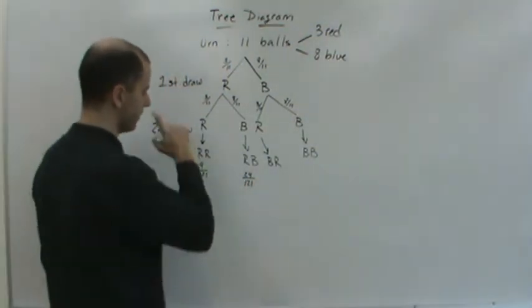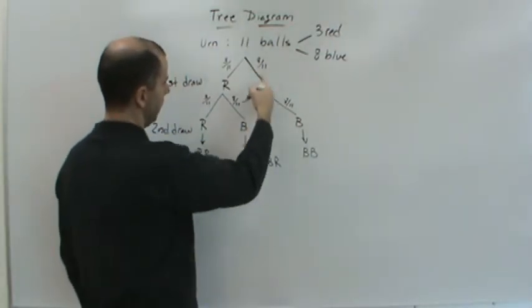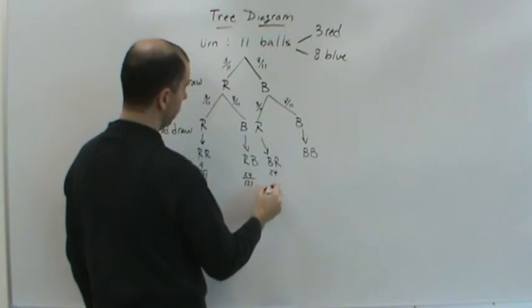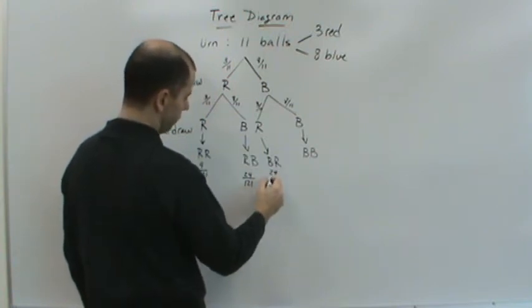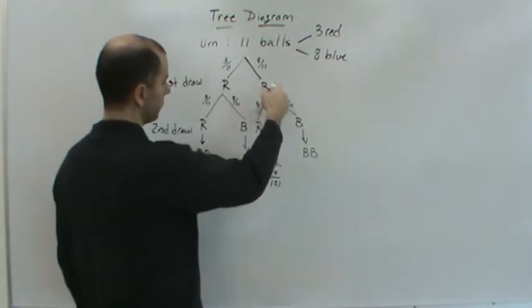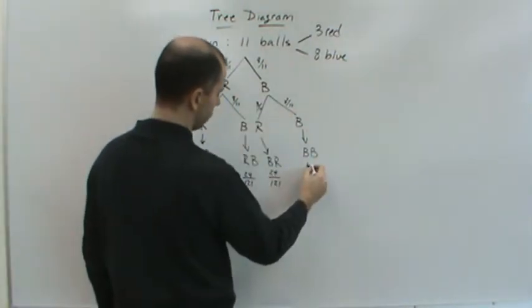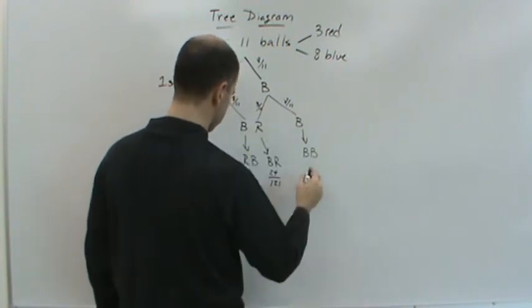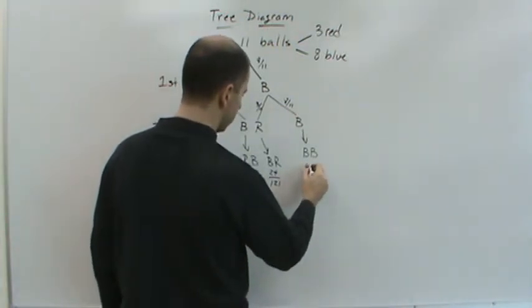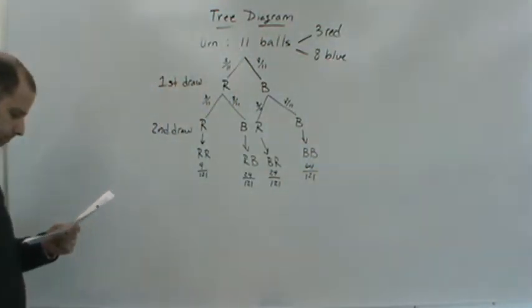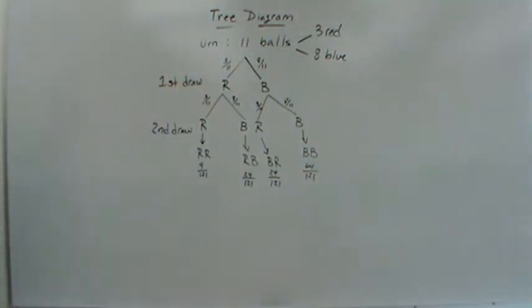If I keep doing this in like fashion, if I go down this branch, I get 8 times 3 again, which is 24 over 121. And then I go 8 times 8, which is 64. Let me do this right. Yeah, that's right. 64 over 121. And those are my probabilities.